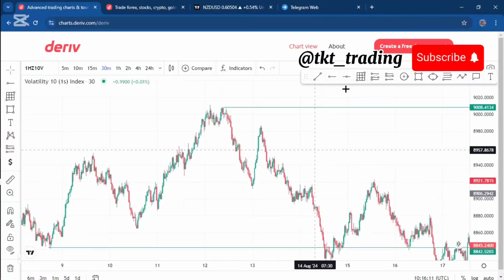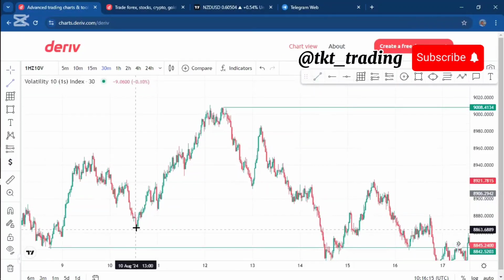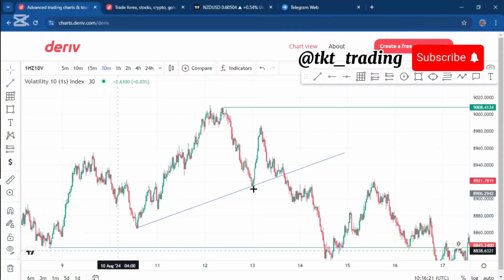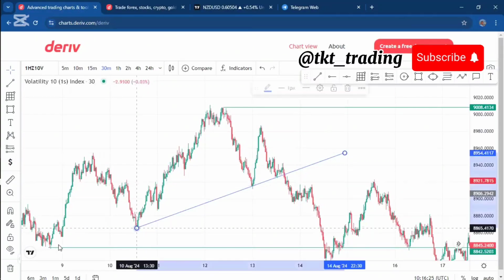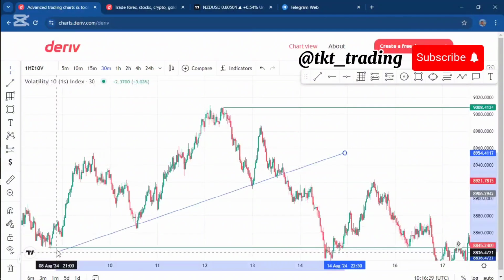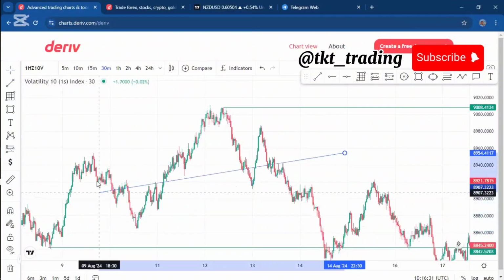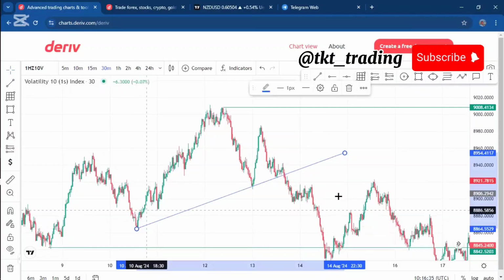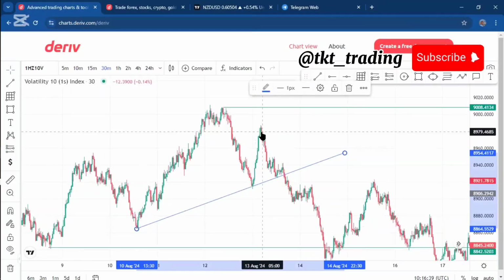So this should be our most recent trend that price broke out from, because price actually bounced from this point here. Price bounced from this point here, went up, then came to retest this trend here, and then it came up here, had this slight retracement to the upside before breaking down.